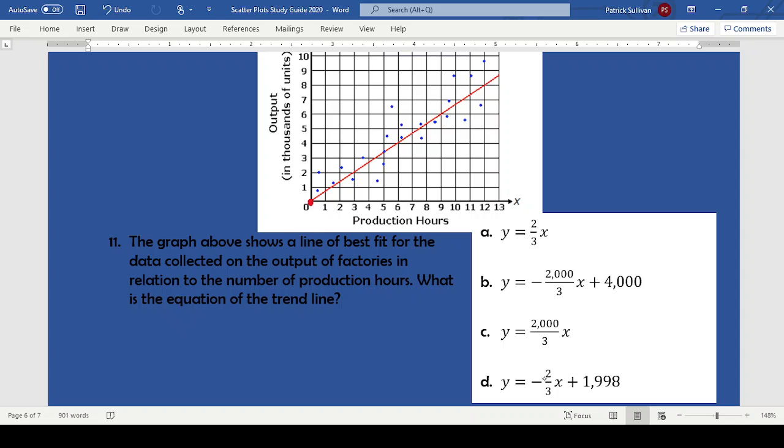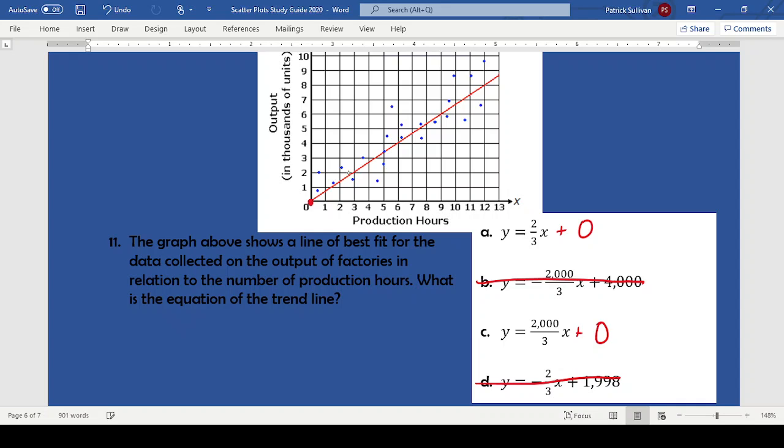In both options B and D, it's giving me a y-intercept of 4,000 and 1,998. Both of those you can immediately cross out because the y-intercept should be 0, just like we have here, okay? Now, the next thing we have to determine between A and C, well, the only thing different is the slope.